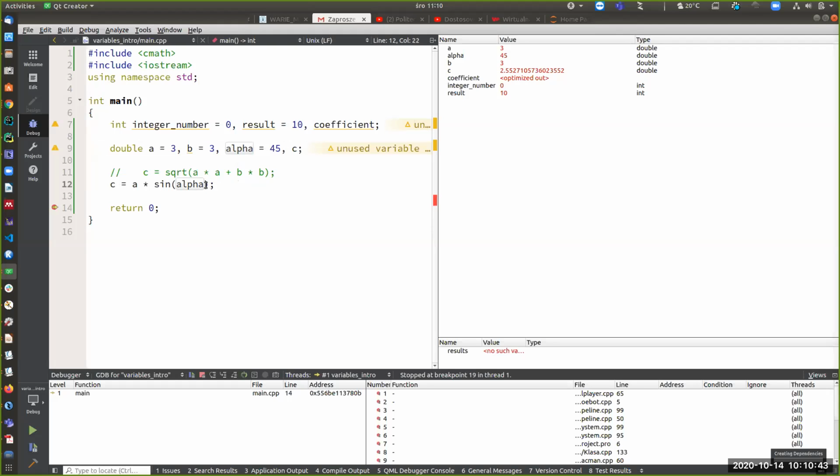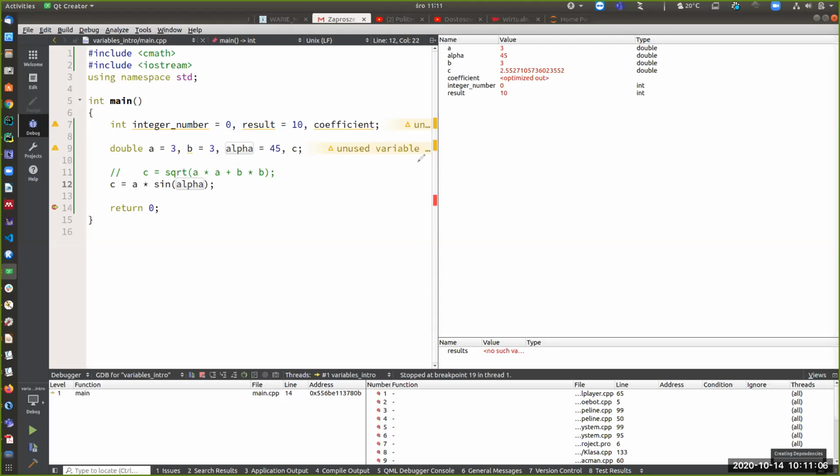Okay, the problem here is that sinus and trigonometrical functions require the angle in radians, not degrees. So I have to convert it from degrees to radians.